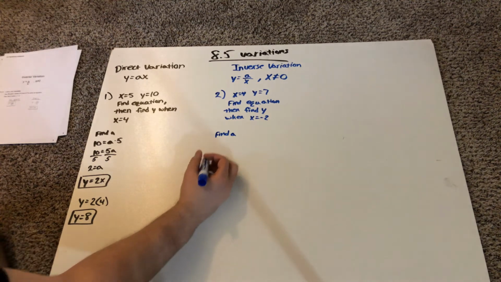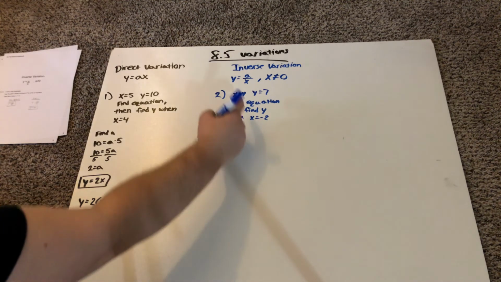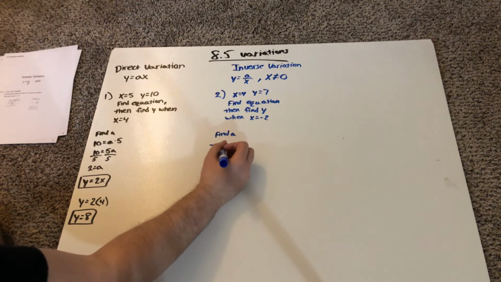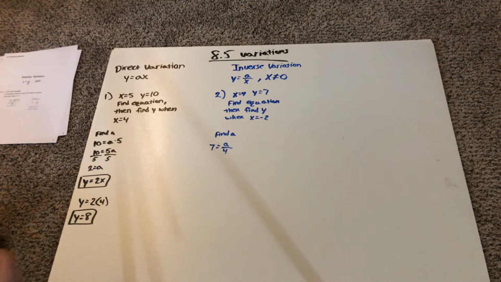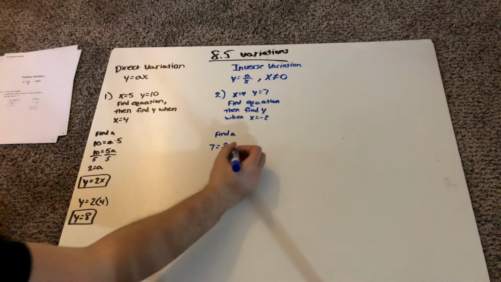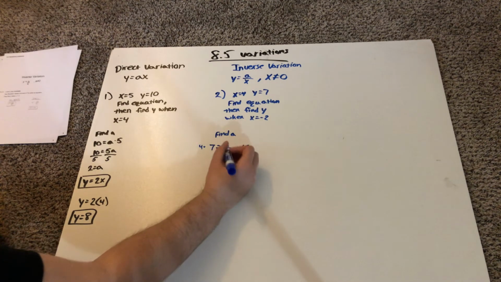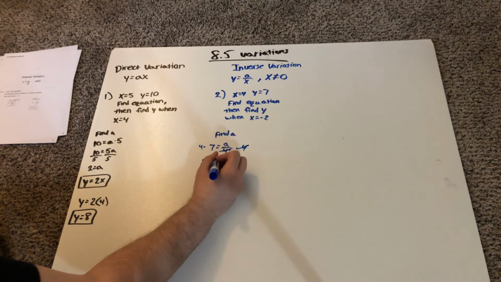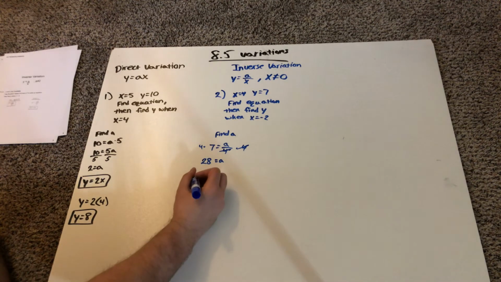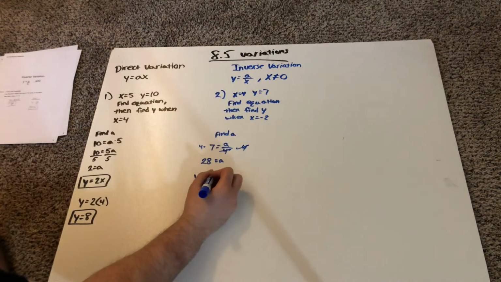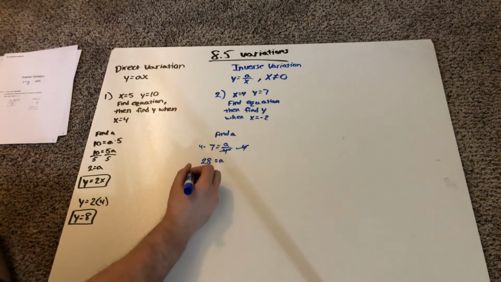Because a is our constant, we have y equals a over x, so we have 7 equals a over 4. To get a by itself, we multiply both sides by 4, so those cancel out. 28 is equal to a. So the equation is y equals a over x, so 28 over x.